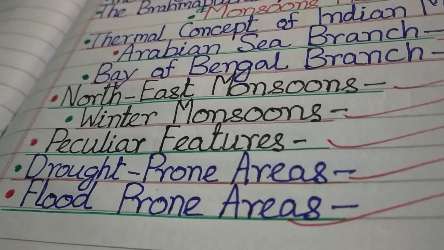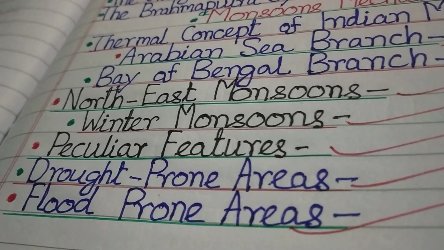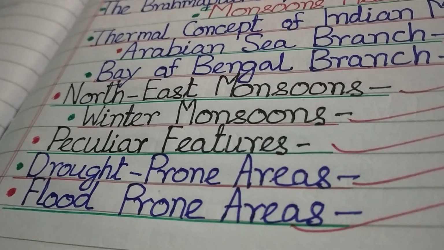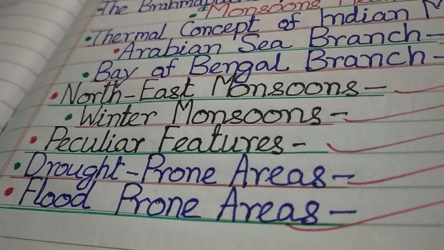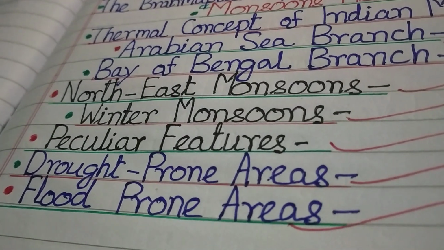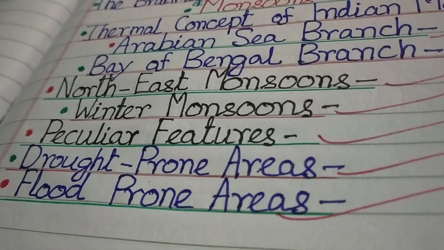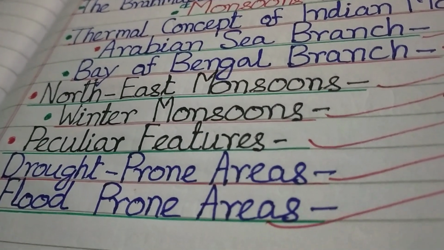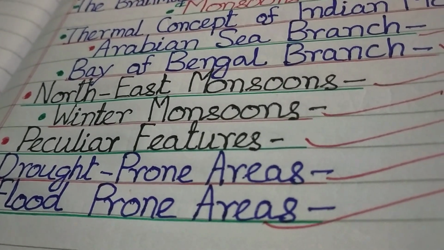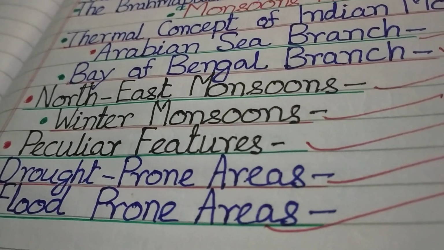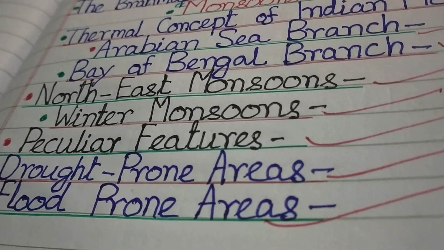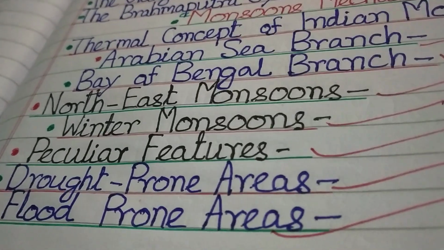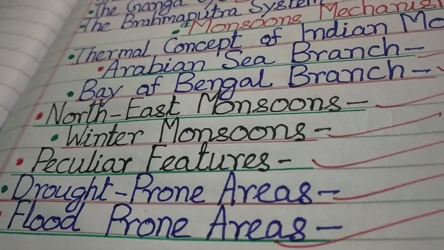recurrent droughts and famines. A delay in onset usually results in an early retreat. Such a situation is harmful to both Rabi and Kharif crops. Sometimes monsoon rains have a tendency to persist in one area or be subject to long breaks during the month of July and August.